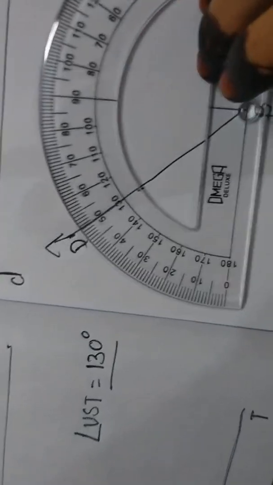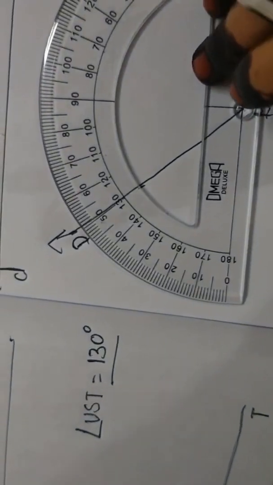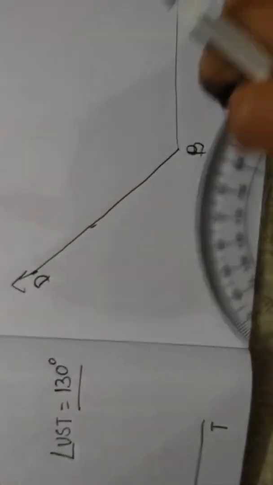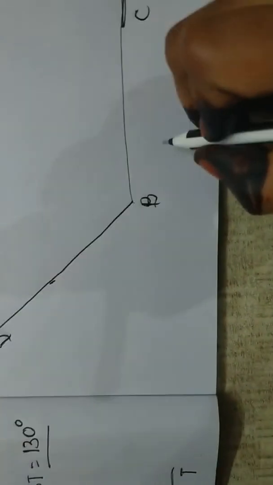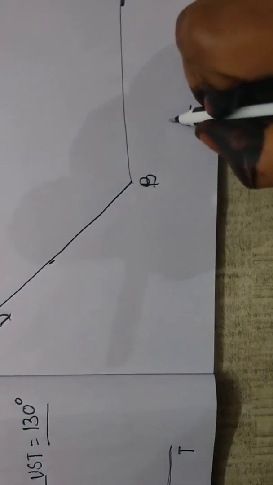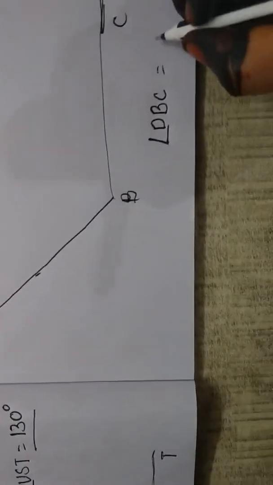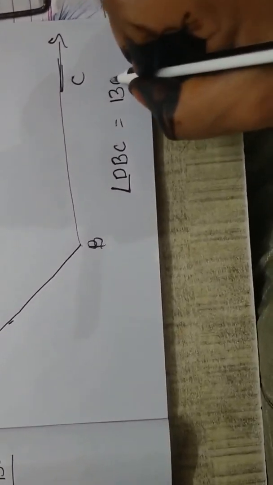So this angle is, students, 130. So here we have to write angle DBC is equal to 130 degree. Okay, now students, I'll give you 1 minute, so you have to draw this.